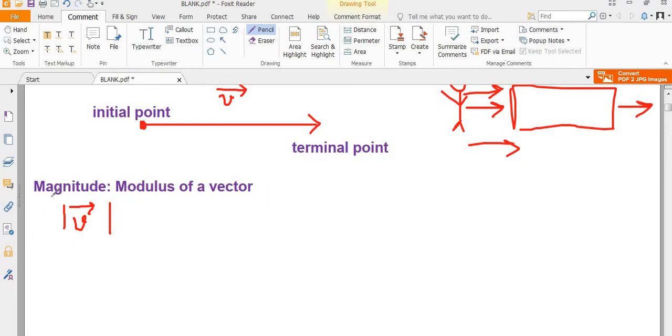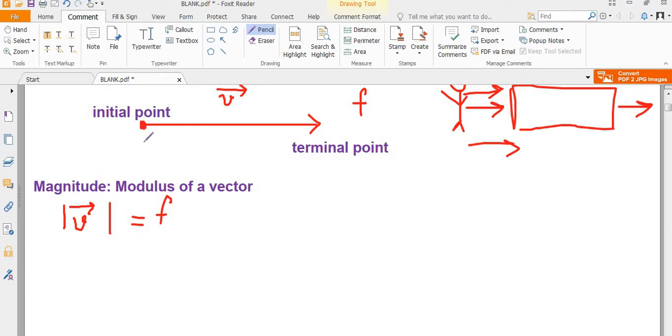What does it say? This says how large the vector is. So if I'm talking about a force of F units, this modulus will be equal to F. It says how large the force is.